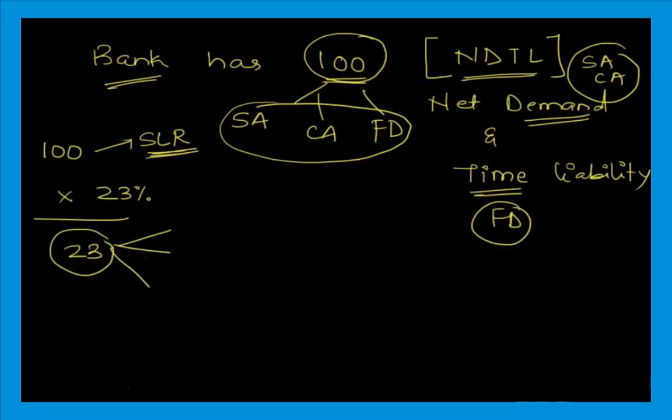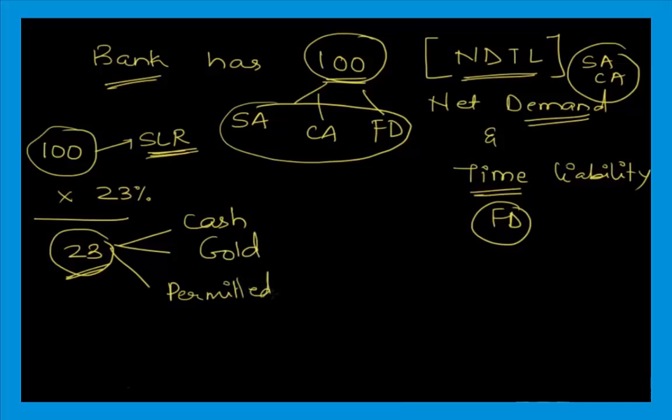Now SLR has three components. Either the bank can keep money in cash, so out of the 100 rupees the bank keeps 23 rupees in cash, or put money in gold, or in permitted securities by the government. Which are the permitted securities? Treasury bills, Government of India bonds, or state development loans.